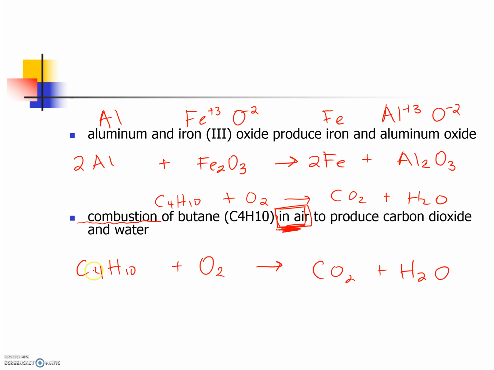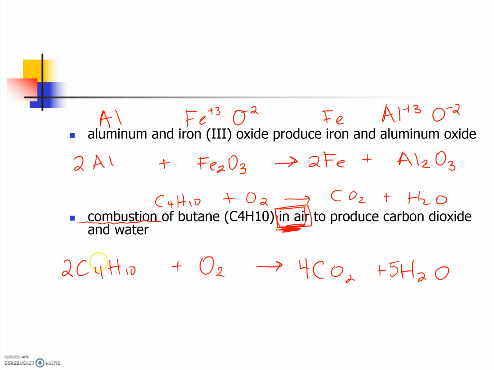Always leave that oxygen for the end. So I have 4 carbons, so I'm going to put a 4 there. I have 10 hydrogens, so I'm going to put a 5 there. Now look what happens. 4 times 2 gives me 8, but plus another 5, I have 13. I could do 6.5, but we're not going to do halves. When I run into a situation like that, what that means is I need to double everything.